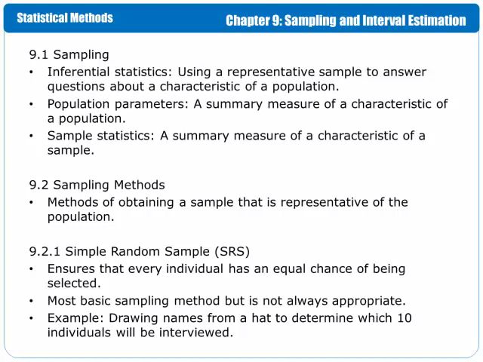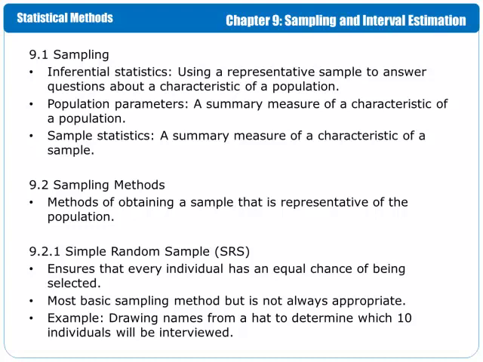Population parameters are summary measures of the characteristic of the population, and the sample statistics are the summary measures of the characteristics of the sample. So we collect the sample and then we calculate the sample statistic, and we use that to project the value of the population parameter. Sampling methods are methods of obtaining a sample that is representative of the population.